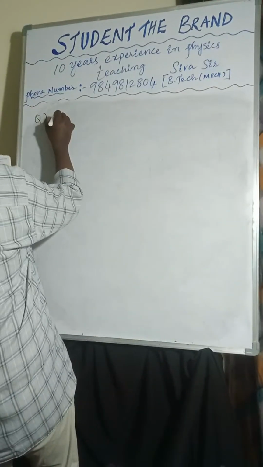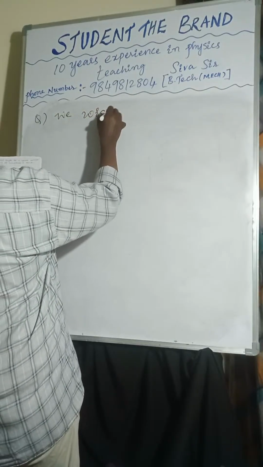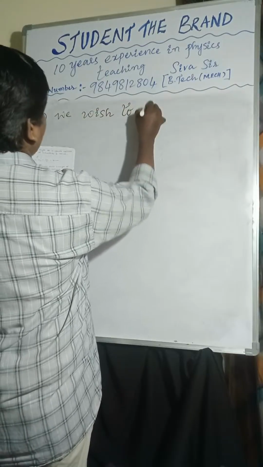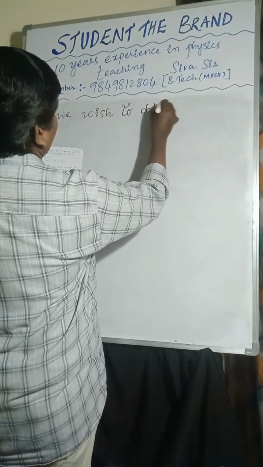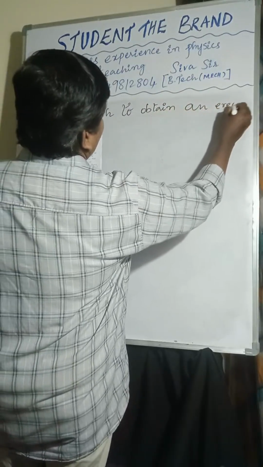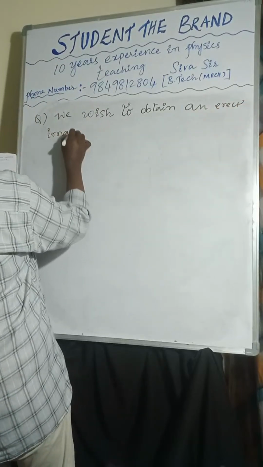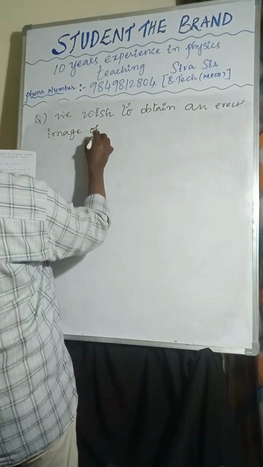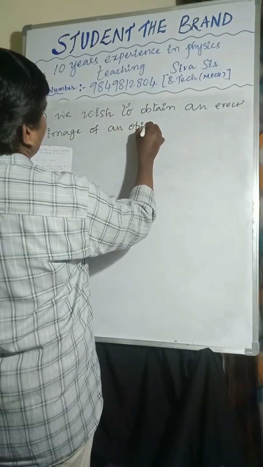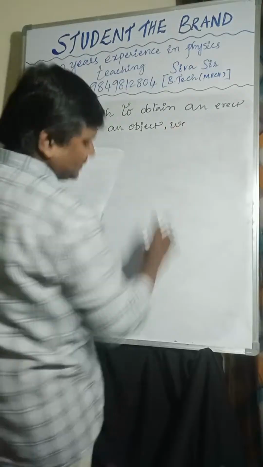So next. We wish to obtain an erect image of an object using a concave mirror of focal length 15 centimeter.